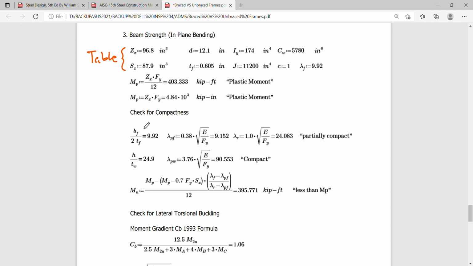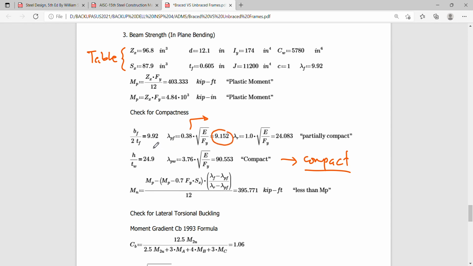So my first step for a beam strength problem is to check for compactness. Although for rolled shapes we are assured that the webs are compact, in the flange there's no assurance, so we need to check. So your bf over 2tf from the table is 9.92, and from our AISC code, this is 0.38 square root of E over Fy, which is 9.152.